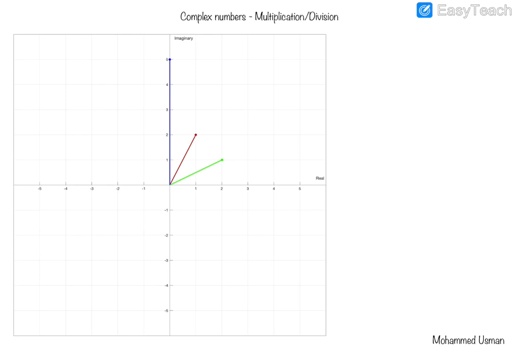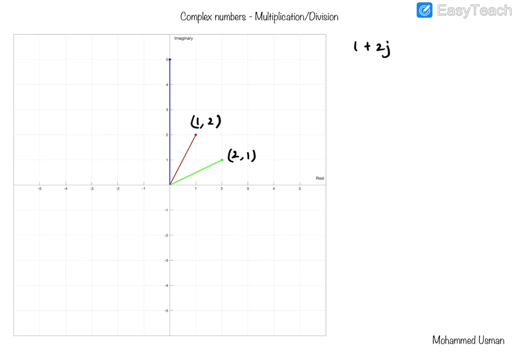So here we have the same diagram, shown slightly bigger. We have this complex number which is 1 comma 2, denoting 1 plus 2j, and this is 2 comma 1, denoting 2 plus j. So we are multiplying 1 plus 2j with 2 plus j.